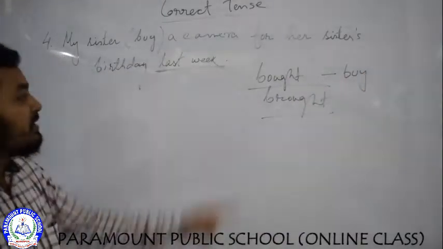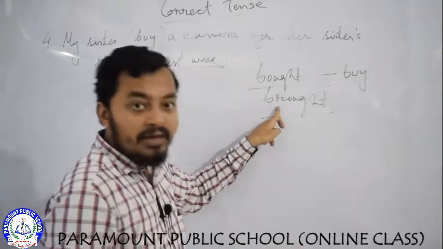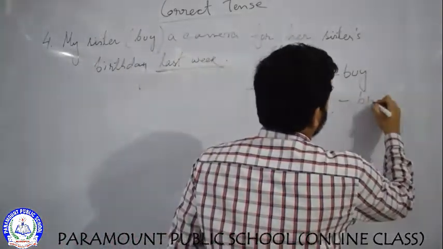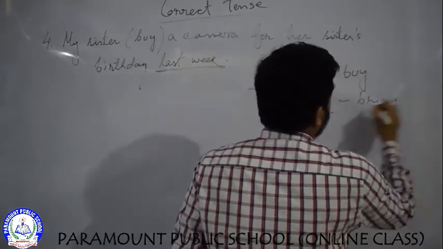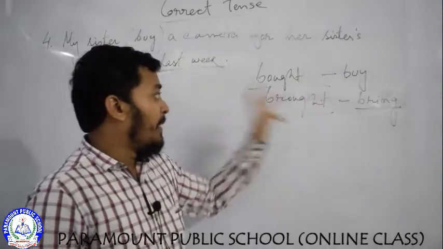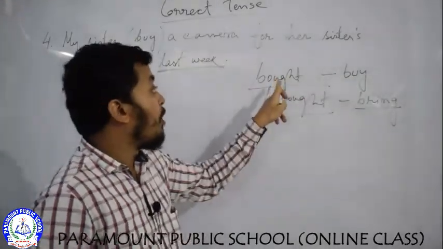Bought is the past tense of buy. But brought is the past tense of what? Bring. Clear? The past tense of bring is brought, the past tense of buy is bought.